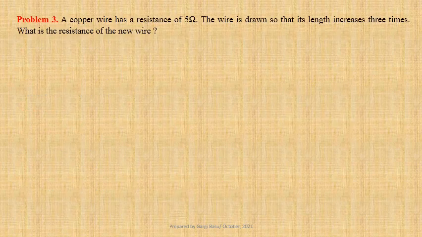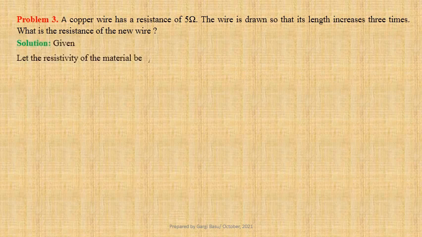A copper wire has a resistance of 5 ohm. The wire is drawn so that its length increases 3 times. We have to calculate the resistance of the new wire. Let the resistivity of material be rho. First case, resistance of the wire R1 equals 5 ohm.